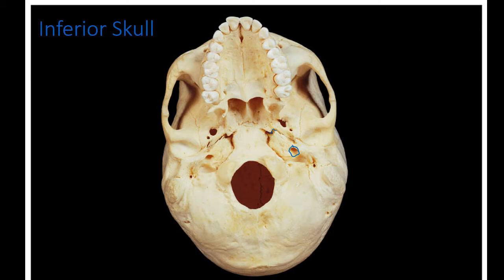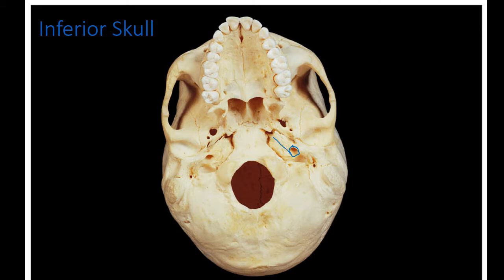We then see this structure here. This is our foramen lacerum. We then have foramen ovale. And then we have this small little hole here, foramen spinosum. And so all those three are found relatively easily there. The carotid canal, as it makes its way through, is not a foramen, it's an actual canal.